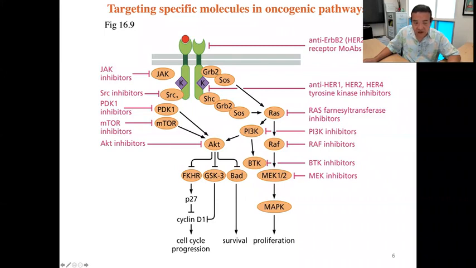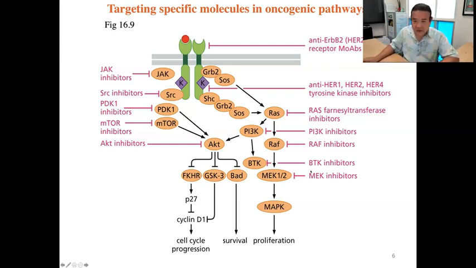It can recruit SRC, and then it can activate other things like Janus kinases, and all these things end up overlapping and turning on different pathways, like the PI3K-AKT pathway and these different MAPK pathways. So all of these pink indications here show you that each one of these different proteins in these pathways can serve as a target for a particular therapeutic drug to go after and interfere with just that component.